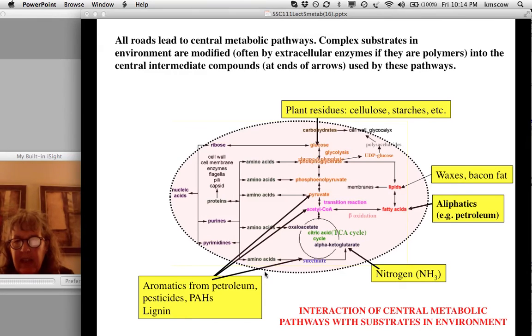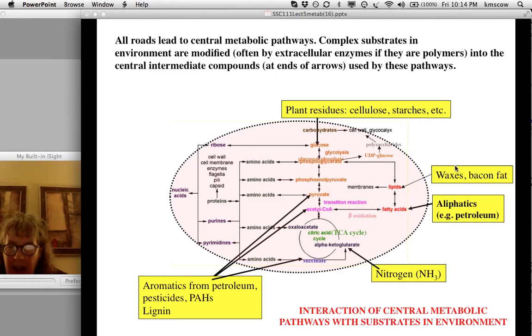So how do they interact with these central metabolic pathways? Without going into a lot of detail, there's a whole variety of different reactions, which I call preparatory reactions, preparing and modifying these into forms that then can shunt right into these central metabolic pathways.